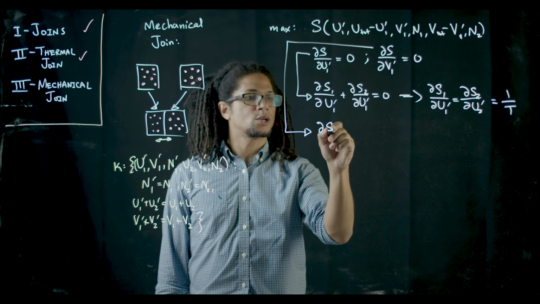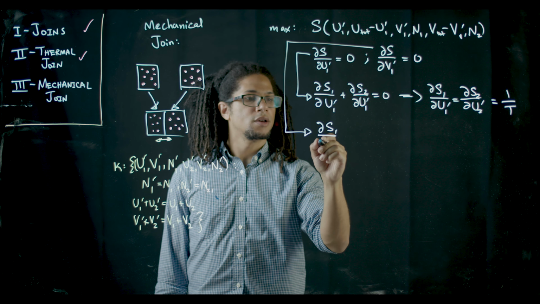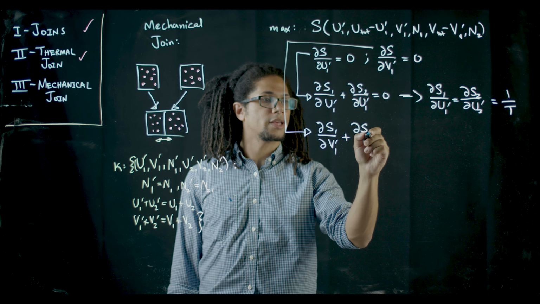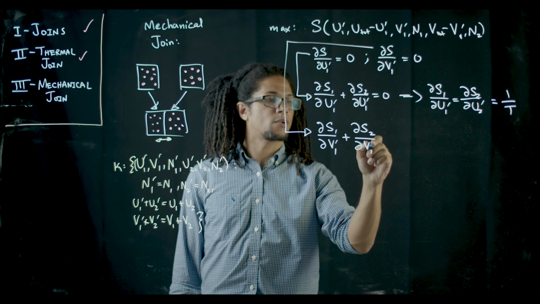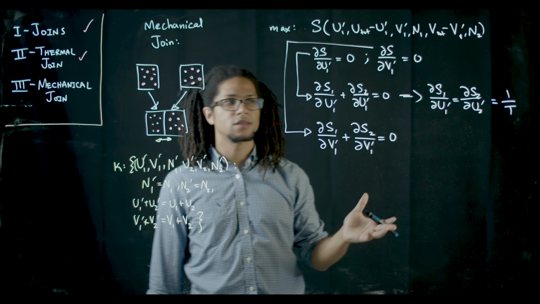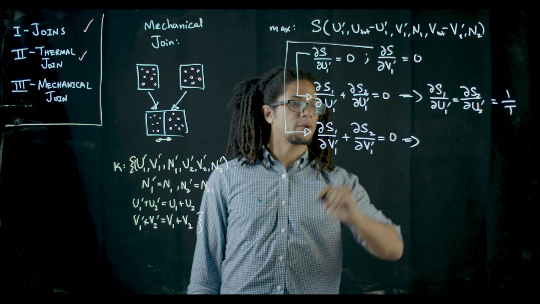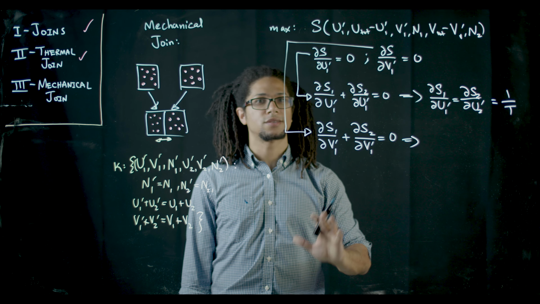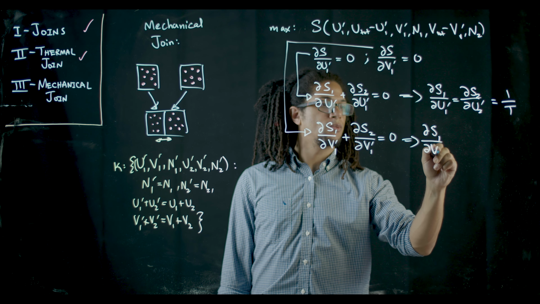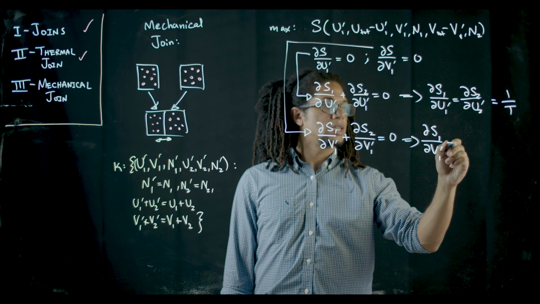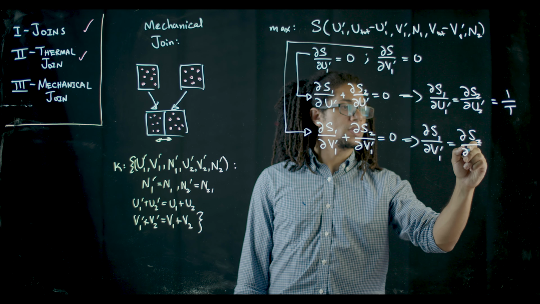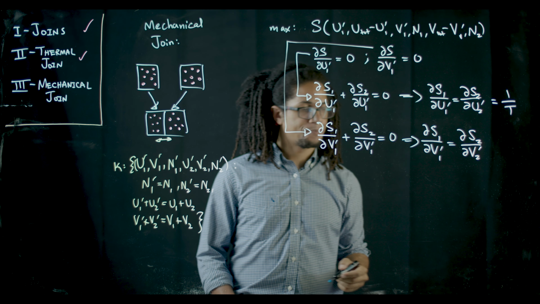Here we'll have partial S1 partial V1 prime plus partial S2 partial V1 prime is equal to 0. And this will lead us to exactly the same place as before by exactly the same chain rule argument. So we'll get partial S1 partial V1 prime is equal to partial S2 partial V2 prime.